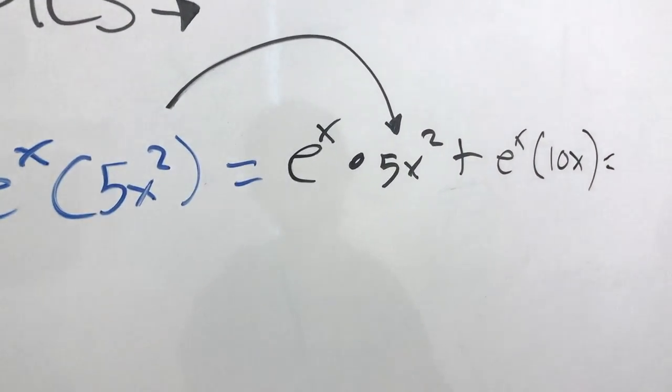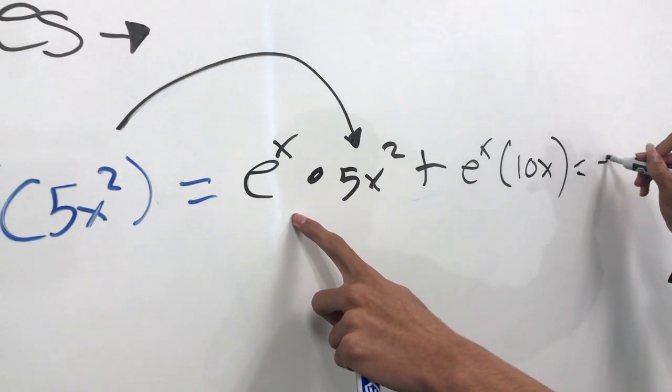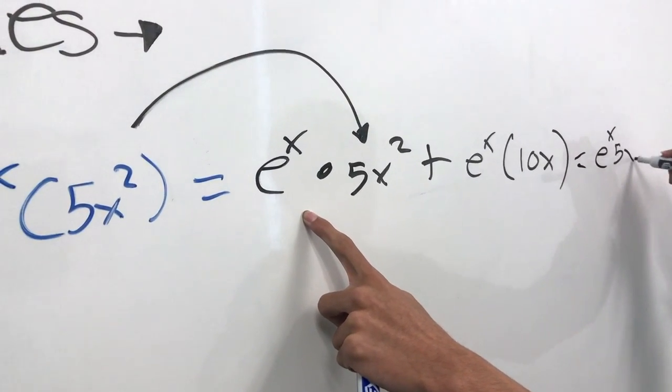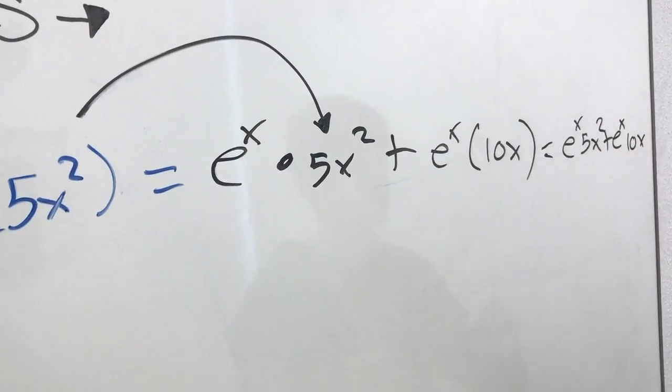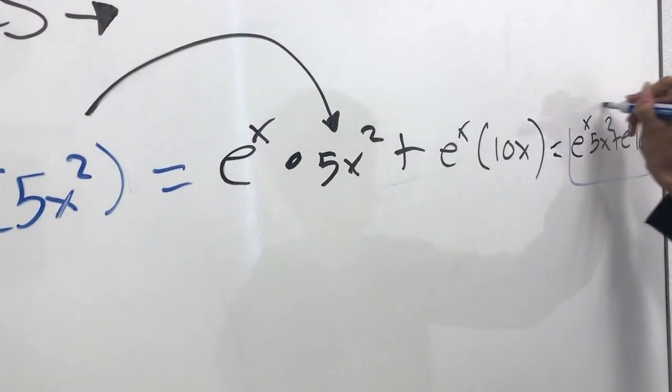Then, when solving this, we get e^x 5x^2 plus e^x 10x. And this will be our final result.